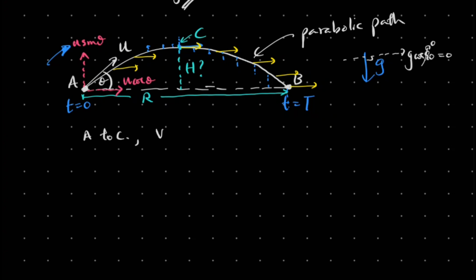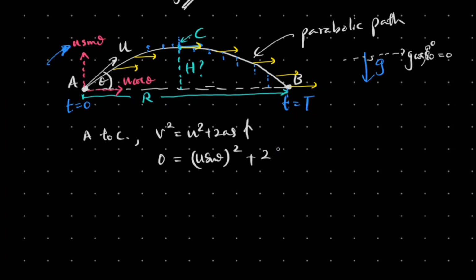Okay, I'm going to apply v squared equals u squared plus 2as upward. Since I'm applying upward, I'm going to apply all these vector quantities in the upward direction. My final velocity upward is going to be 0. My initial speed upward is u sine theta, squared.